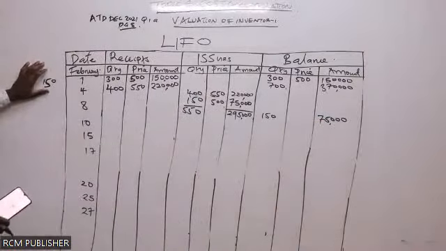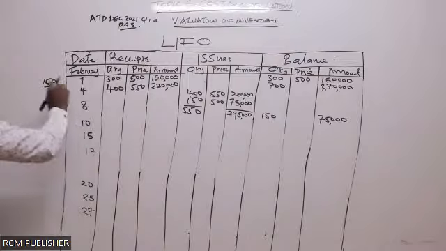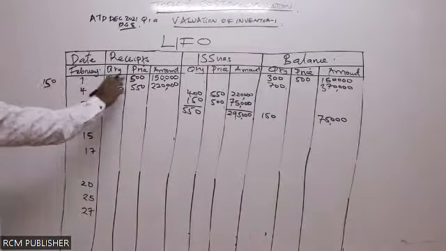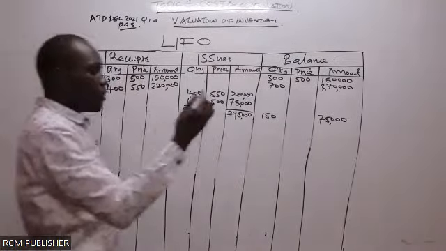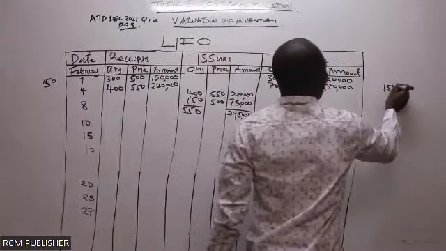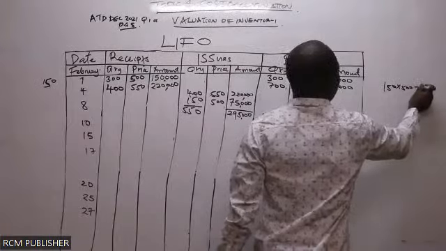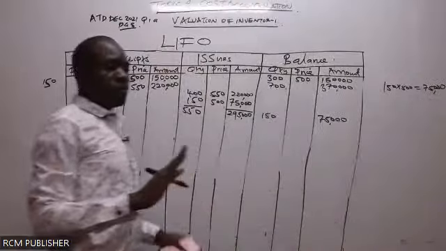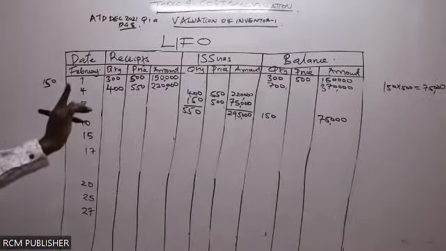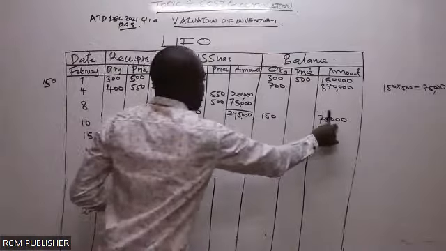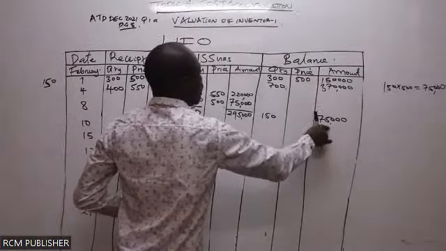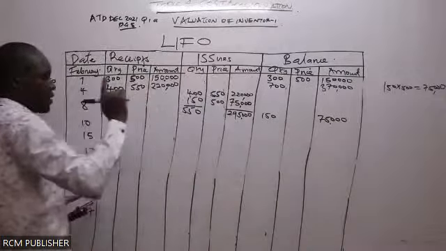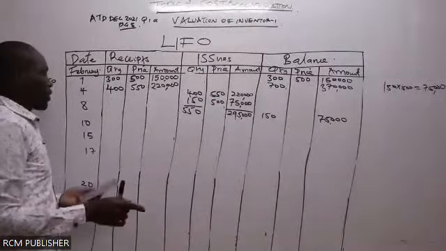We still have 150 remaining, which was brought in at 500. Take your 150, multiply by 500. Are you not getting 75,000? So it confirms that the value of the closing stock as at the 8th is correct.